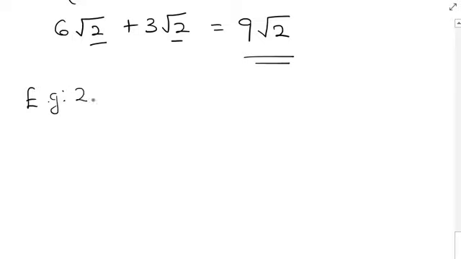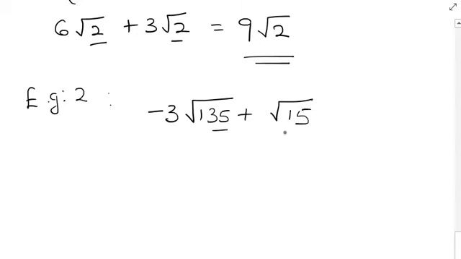Example two. They gave us this question: minus 3 root 135 plus root 15. So these radicand are not the same. They don't have similar radicand, so we need to convert them to similar radicand. Root 135 is what we'll look at.